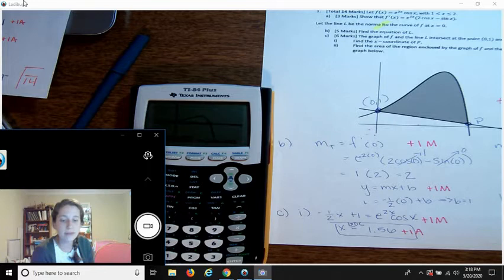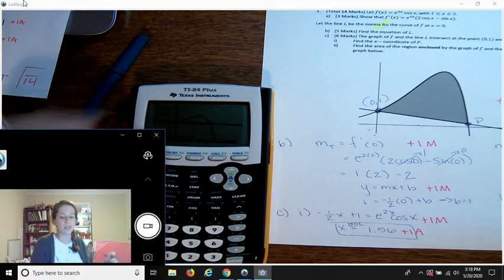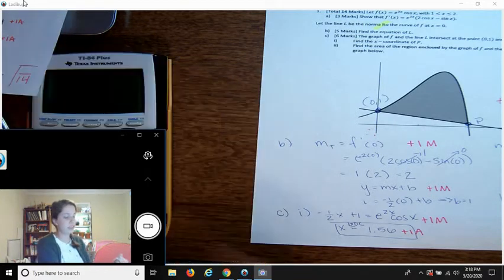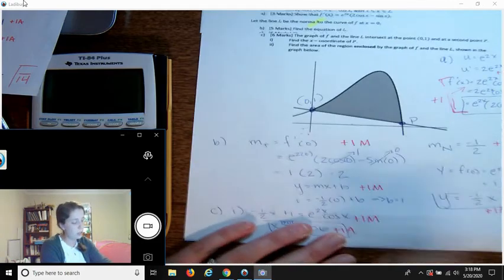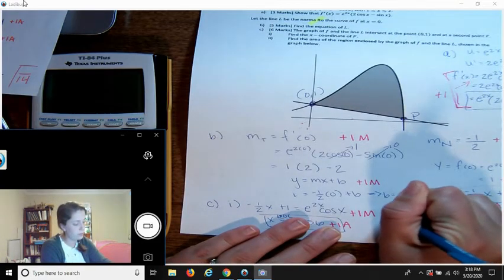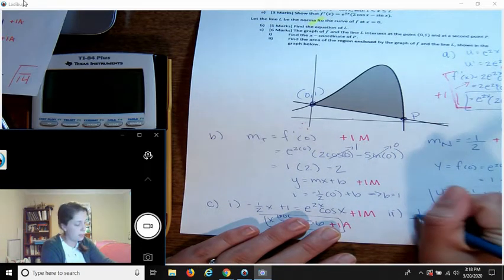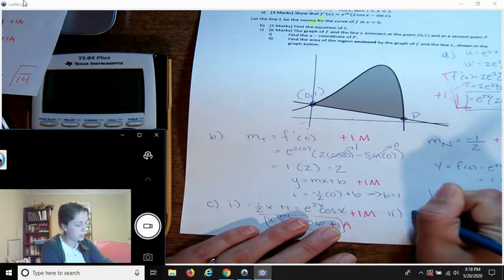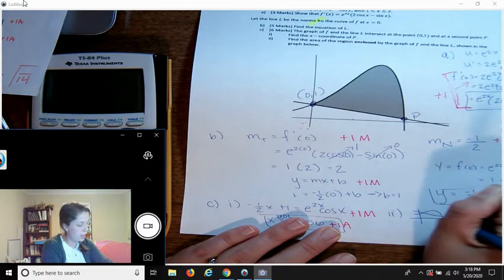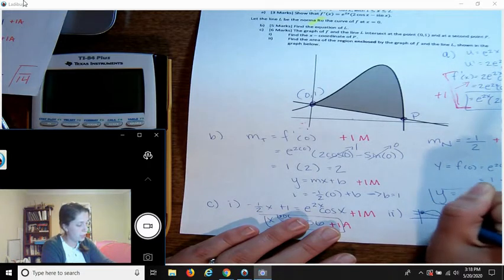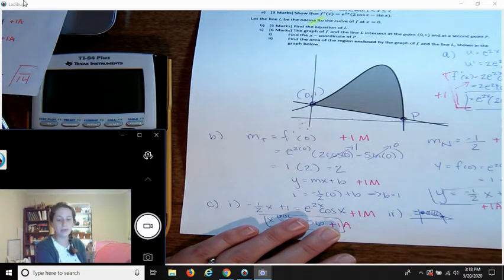Then it says find the area of the region enclosed between the two graphs. So this, you just have to set up the integral. So part 2, we have something like this, and we're looking for this area right here, okay?